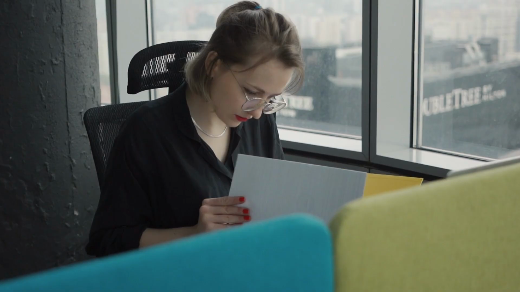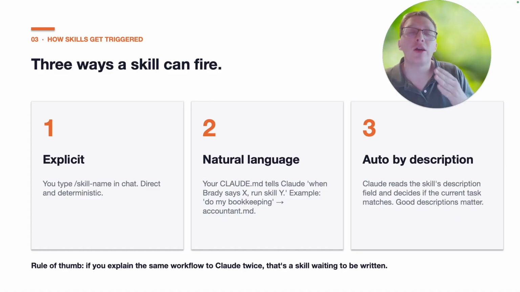Okay. Three ways a skill can fire. Explicit, so you do /skill-name. But that is, you will get the outcome that you put in, right? So if you tell it specifically /skill-name, you will 100% get that skill.